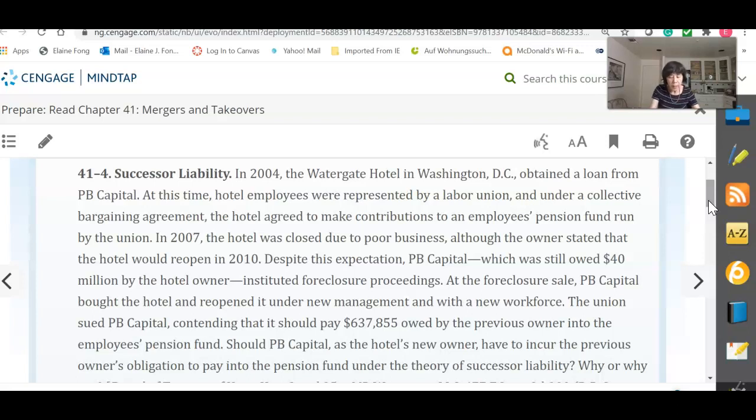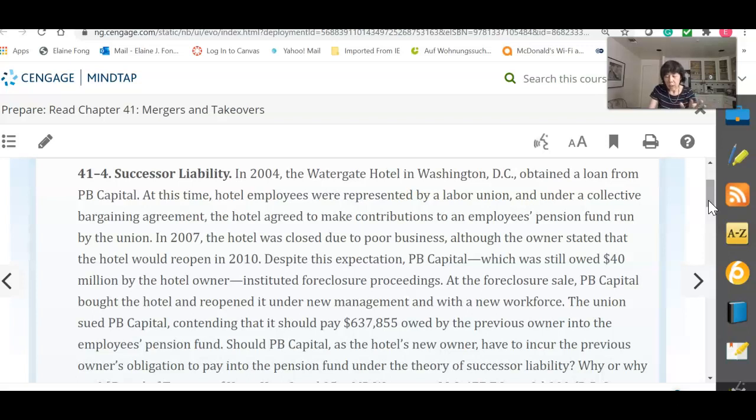If you recall, we don't see any fraud, someone trying to escape their liability. You do not see express assumption or even implied assumption, and you definitely do not see a de facto merger, some elements of the same business being continued by the same people. So you have a totally different scenario, and you're going to get a totally different outcome.